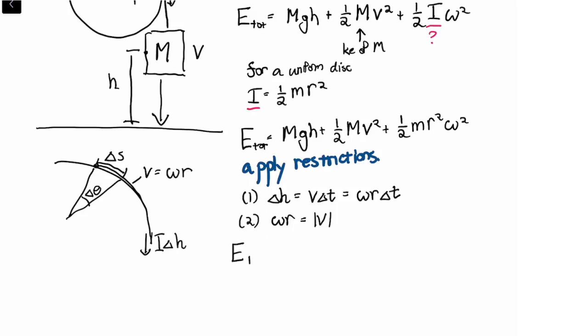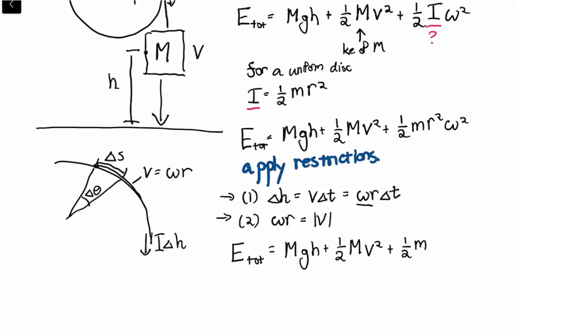Therefore, the total energy of the system, plugging in both of these equations, is mgh plus 1/2 m v squared plus 1/2 m, and then we can write this part, right?